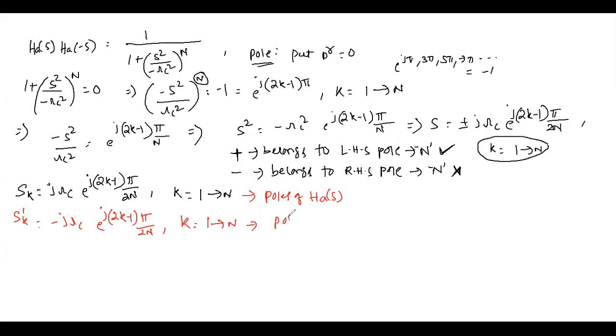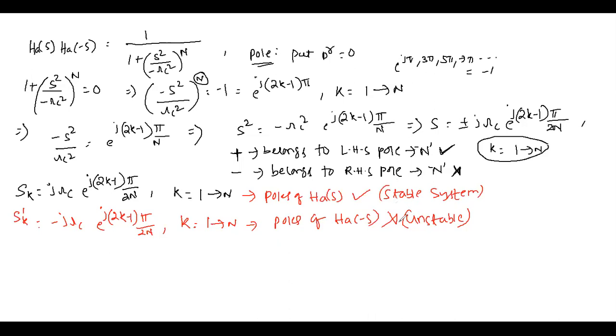This is the poles of H of minus s. But we are not interested in this part because this is a non-stable system, because the poles lie on the right hand side of the s plane. We are interested in this, that is our stable system or stable low pass filter.